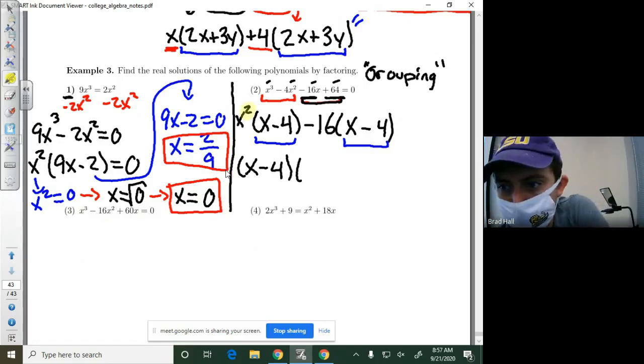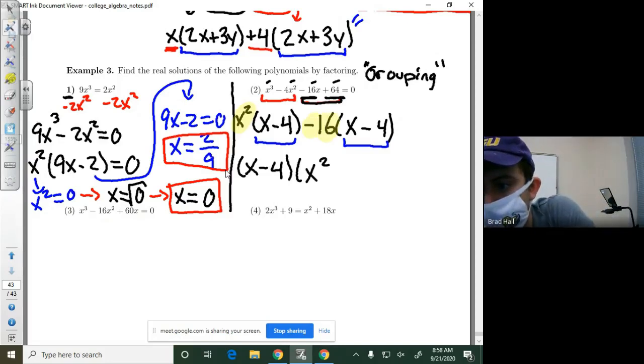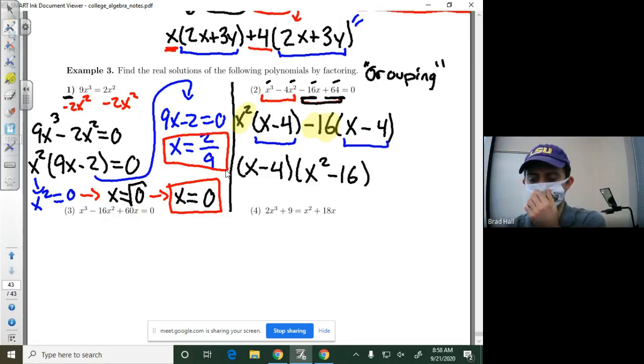So what are we left with? x squared minus 16. But this is not the final answer, because x squared minus 16 can be factored even further.